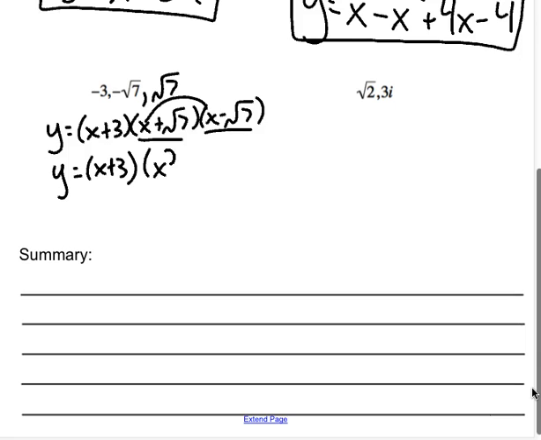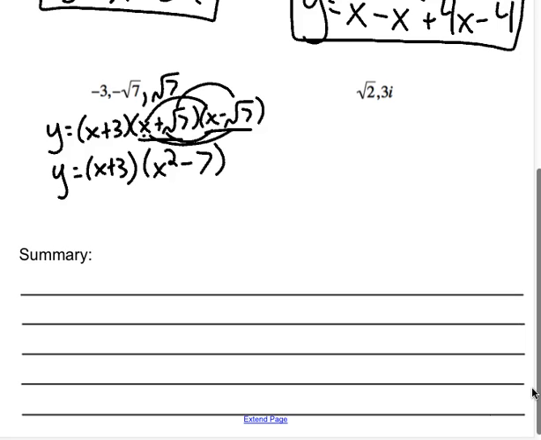x squared, plus square root of 7x minus square root of 7x is going to cancel out. A radical times itself just cancels off the radical piece. So I'm going to end up ultimately being left with that.